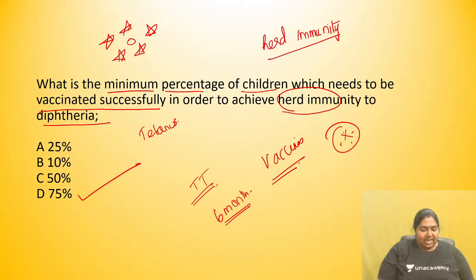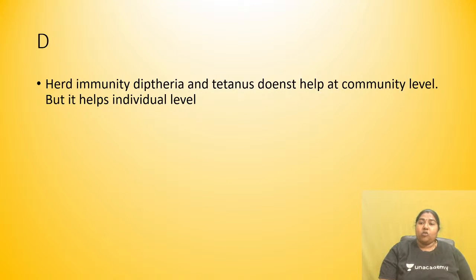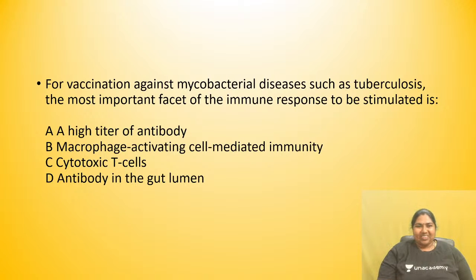But in the case of diphtheria and tetanus, there is one more risk. The immunity should come from the individual level. It is not dependent on the herd. So you have to go for the maximum, which is why you go for the 75% level. Understood? Good.